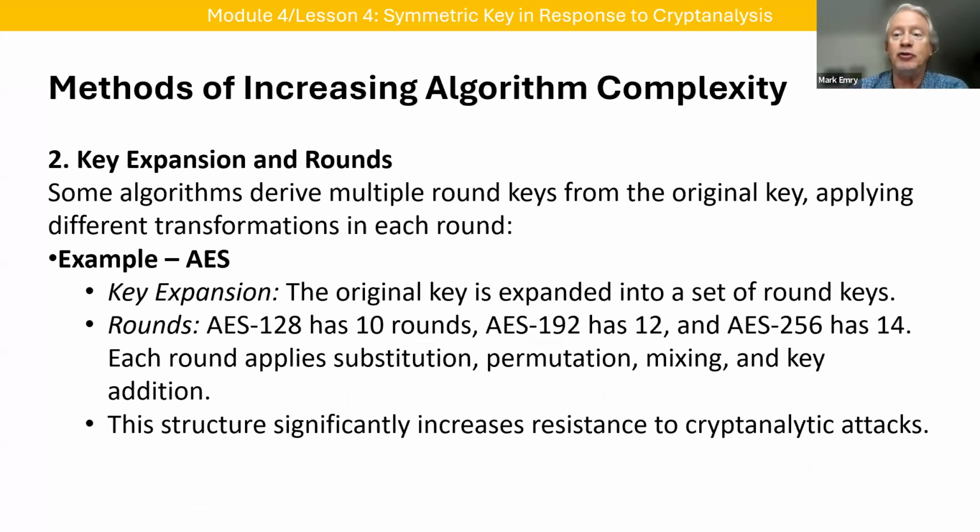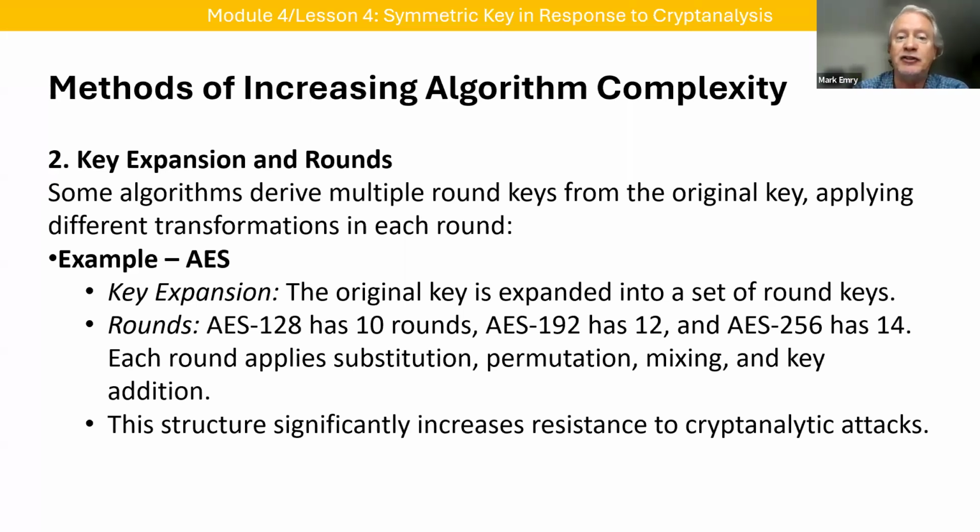Some symmetric algorithms use key expansion, where the original key is used to generate multiple keys for each round of encryption. This increases the computational complexity and further diffuses the key across multiple stages of the encryption process. For example, AES uses key expansion to derive a set of keys from the original key, which are then used in the rounds. AES with 128-bit key length performs 10 rounds. AES-192 performs 12 rounds, and AES-256 performs 14 rounds.